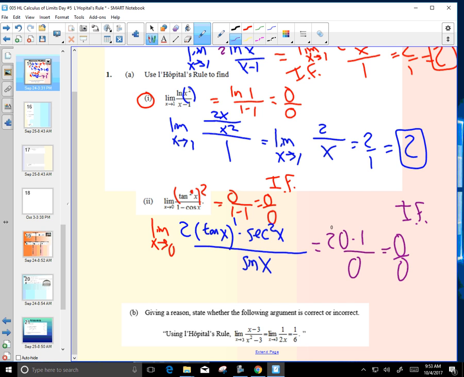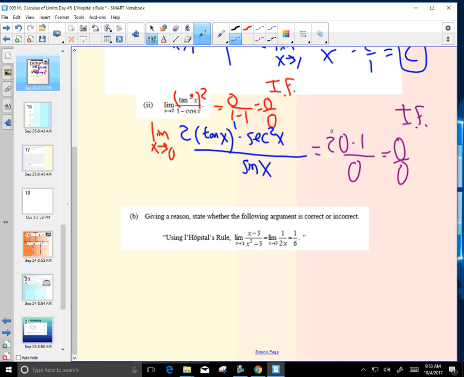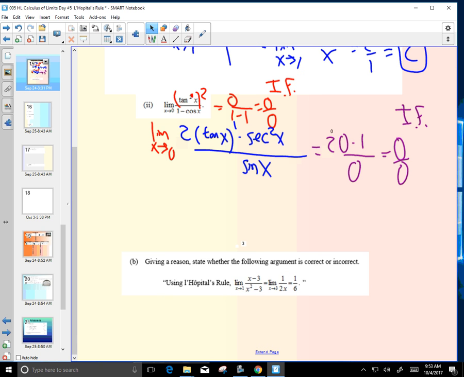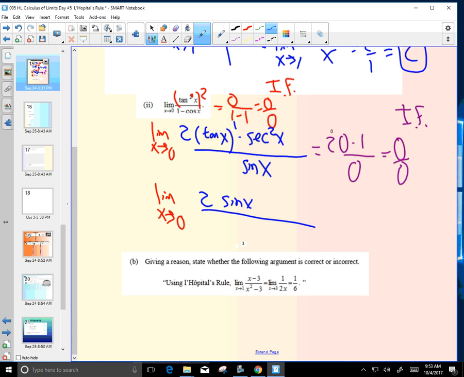There's a little trig thing that I think we should do here before we plug that in again. Let's try this. Tangent is sine x over cosine x.